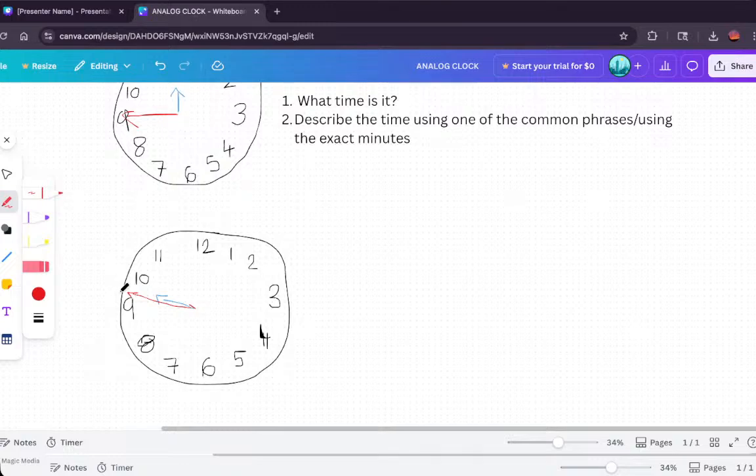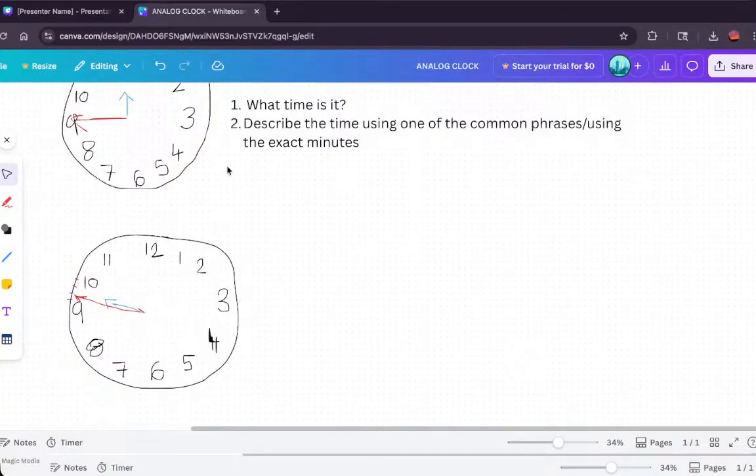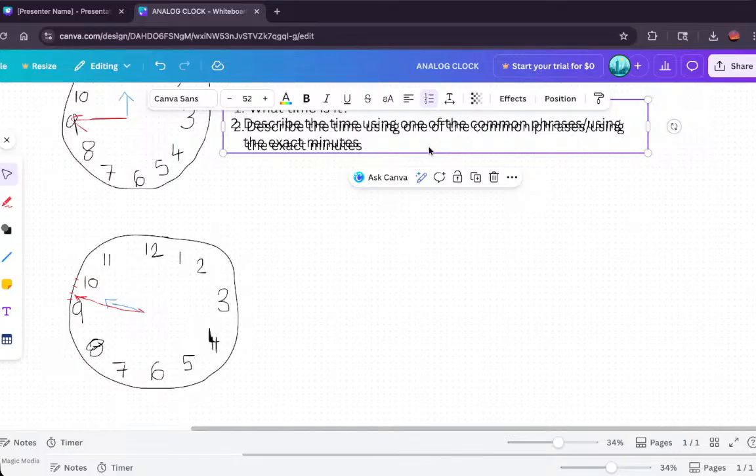And then I'll draw the ticks for this one, okay? This is pointing to this one right there. And then this is it. This is your homework.